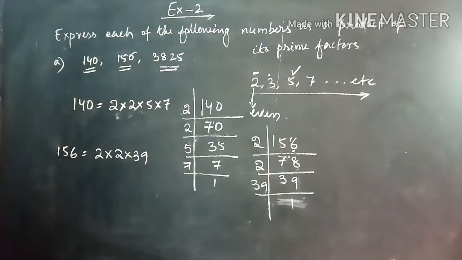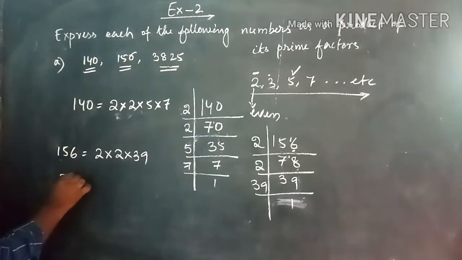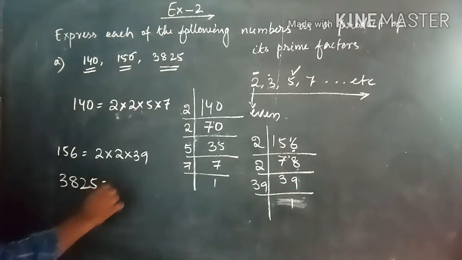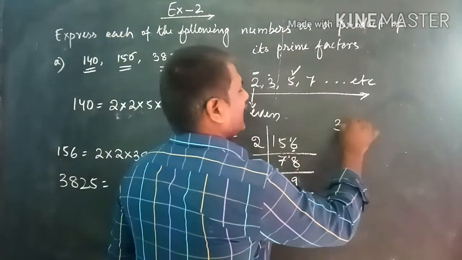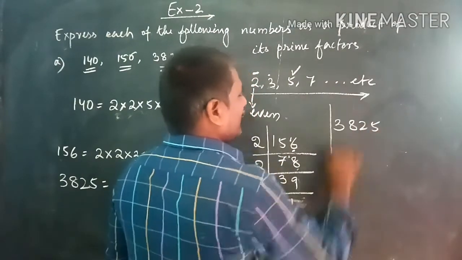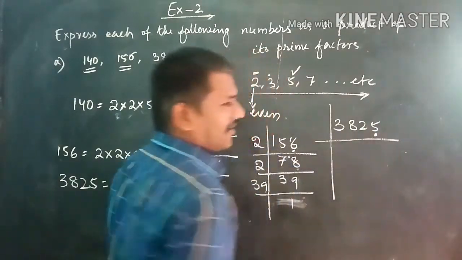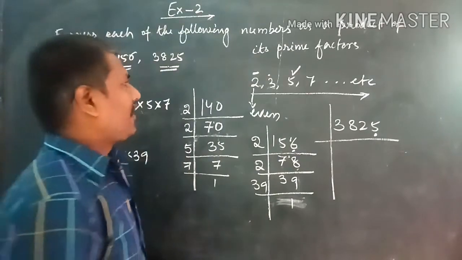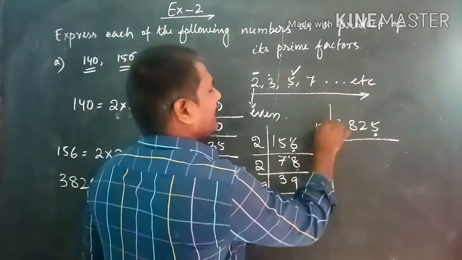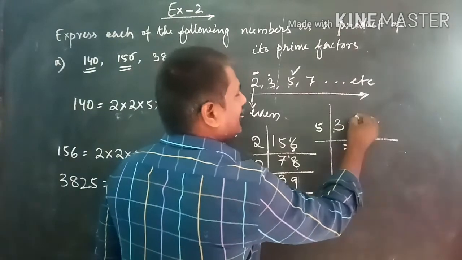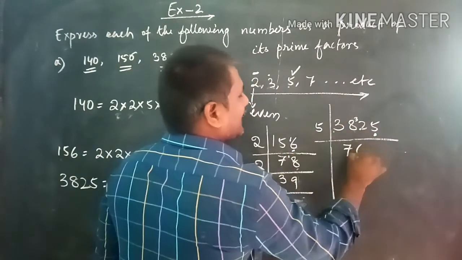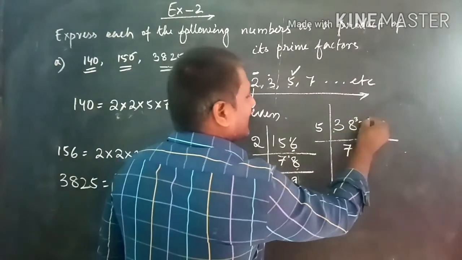So this is the way you can find the product of prime factors of the given numbers. The last one is 3825. It also can be written in the form of prime factors. The last digit is 5, so you can directly take 5 as its prime factor. 5 7 is 35, the remainder is 3. 5 6 is 30, the remainder is 2.